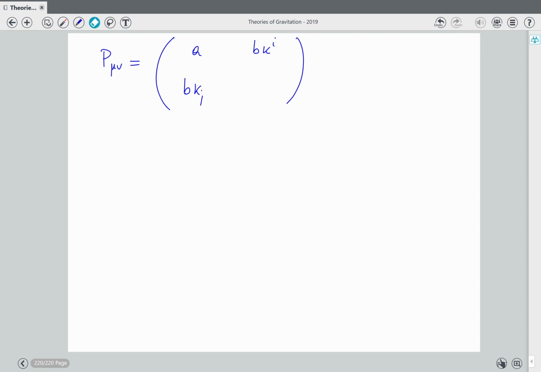Now we have to use lower indices there. And here there will be some object. You can write two types of objects, eta ij or k_i k_j. Actually, since I gave them different names here, it's better to use same names. This is D, D, this is B, and this is C.